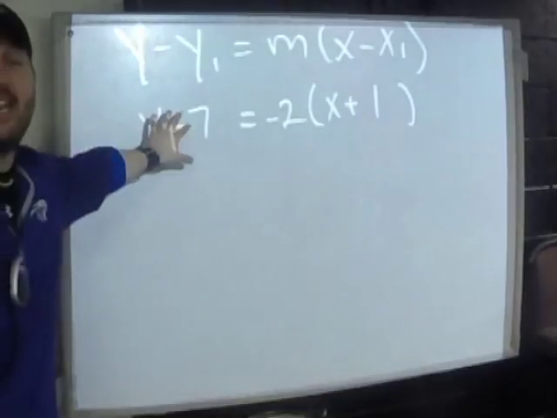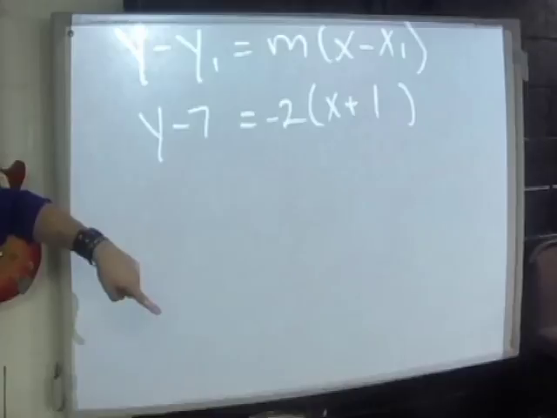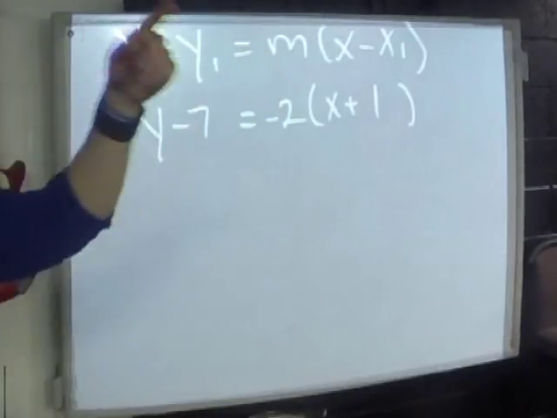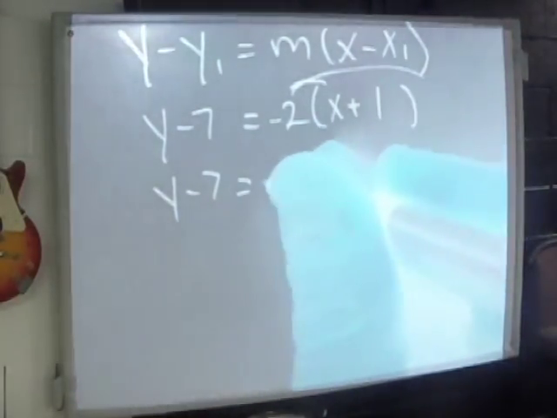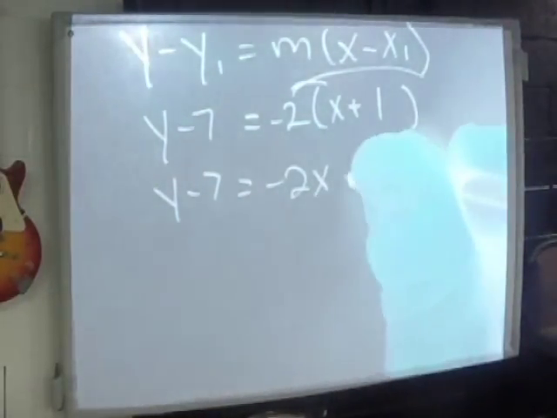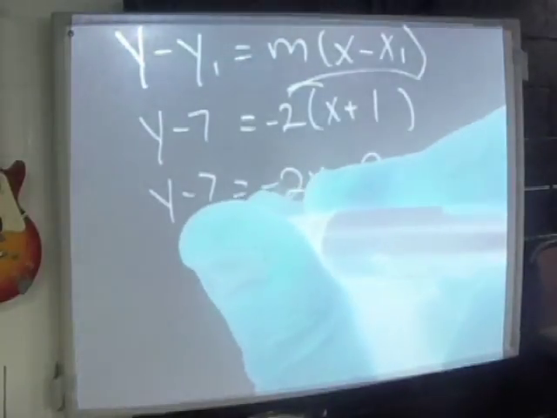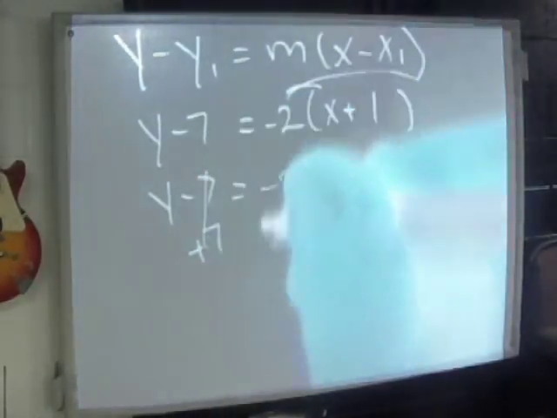There. All right. That is when you have all the pieces plugged in right to this recipe. Then you need to take this, and how many steps does it take you to get from point-slope form to slope-intercept form? It's always 2. First step is to do what? Distribute. So let's distribute this. And you're going to have y minus 7 equals -2x minus 2. And then finish this off by doing what? Adding 7. If done correctly, we already should know what the right answer is going to be.